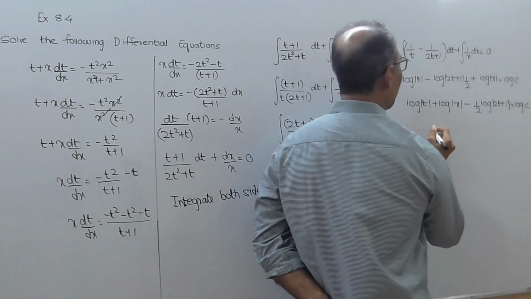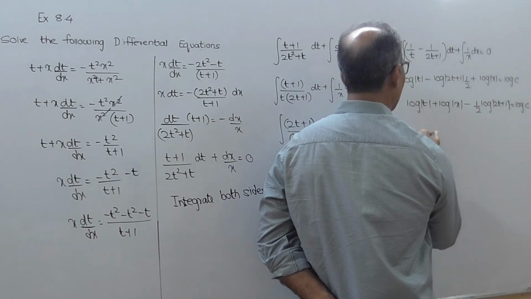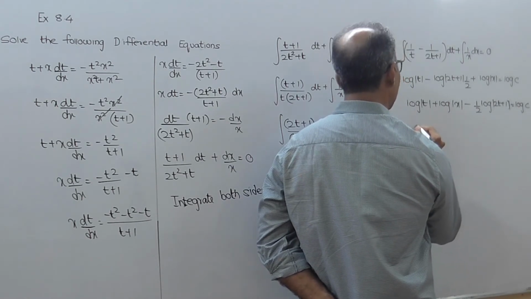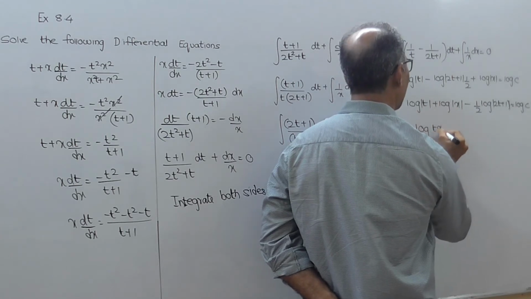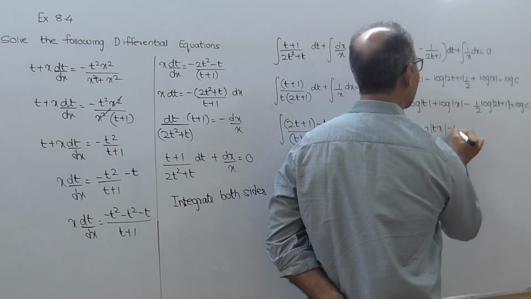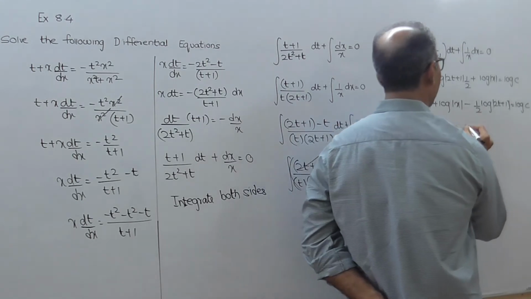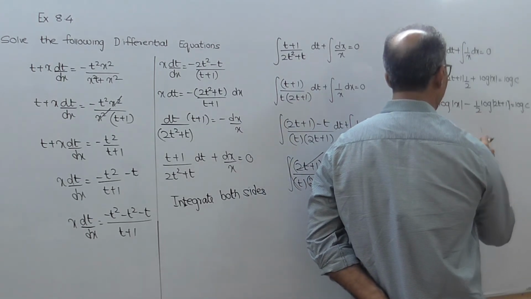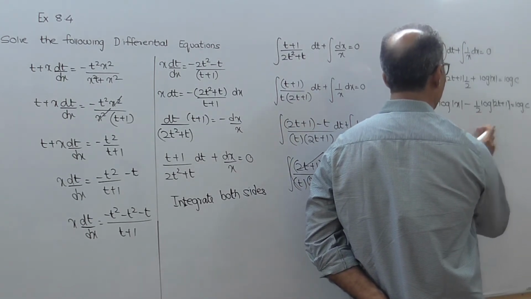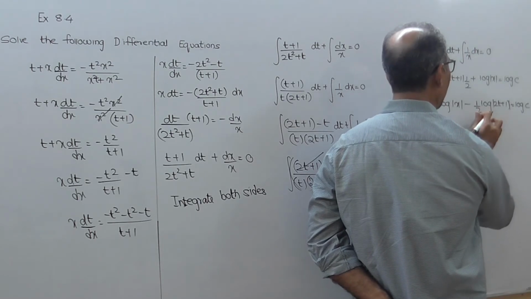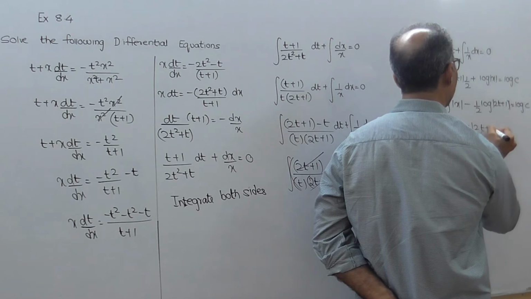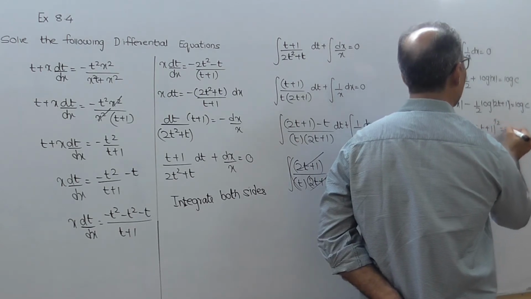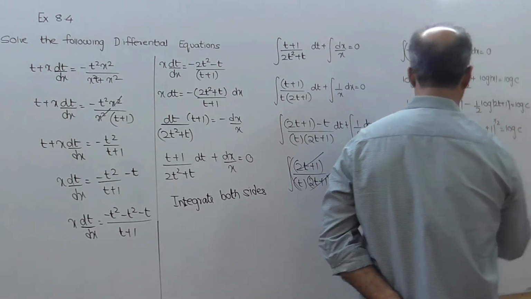I can write this as log a plus log b, so this automatically becomes log modulus of tx minus half, this is m log a. Okay, m log a you write as log of a raised to m, equal to log of c.